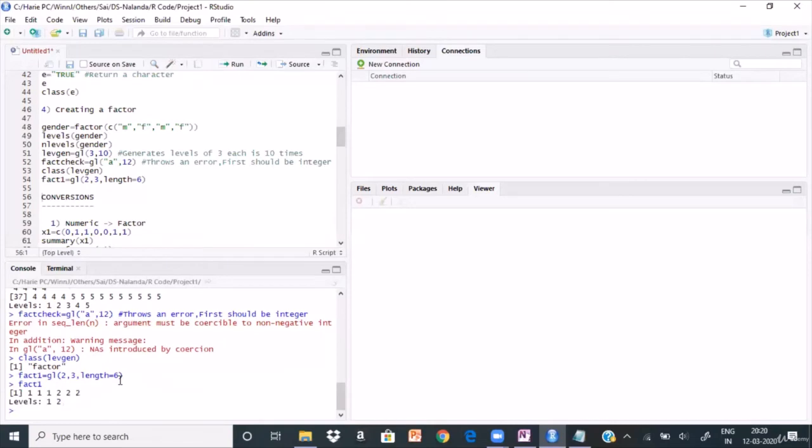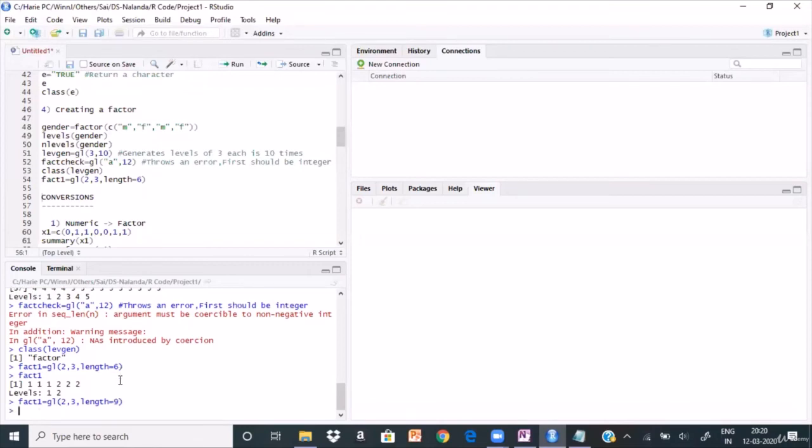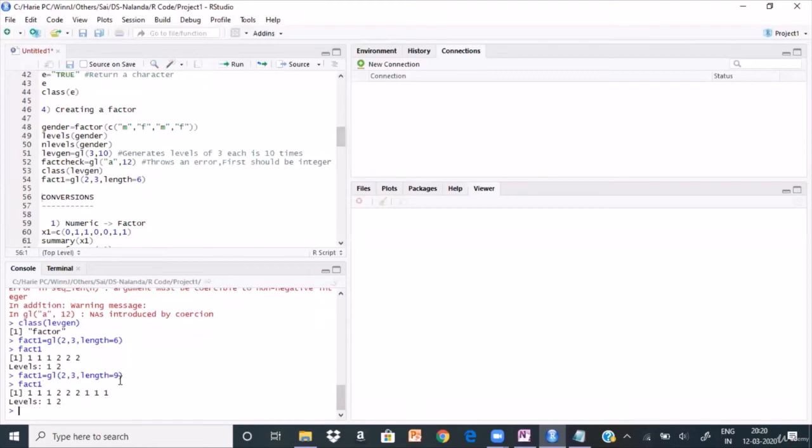Please be with me. Let me repeat the statement in a different way. Let's say I will do this for 9 instead. Just watch out for this. Did you get what the system is doing? By default, the system is taking level 1 from 1 onwards.